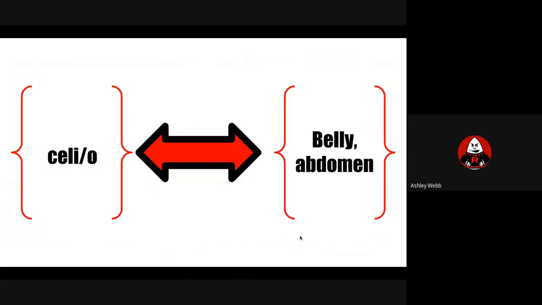So when I see that, I think of the belly, abdomen, but I think of celiac disease in that my belly doesn't necessarily, I can't necessarily eat just anything. Okay. I have to stay away from all that stuff with gluten in it. Otherwise, I get a belly ache or abdominal issues. So that's what I think of when I see that one. Okay. This one, I wish I had something for you, but I don't. It just means lip.